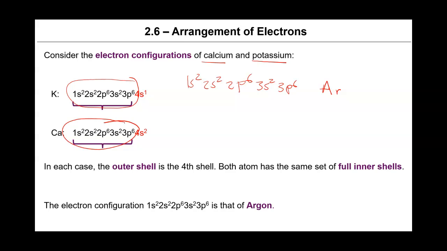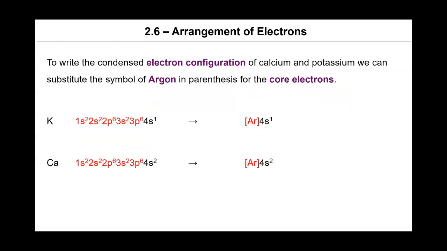Now, the electrons that are interesting chemically are these ones that are in the outermost shell. So all of the inner shells are completely filled, right? So the fact that the electron configuration for the inner shells that are completely full is the same as that for argon is the key to figuring out how we might abbreviate this electron configuration to focus on those chemically important 4s electrons.